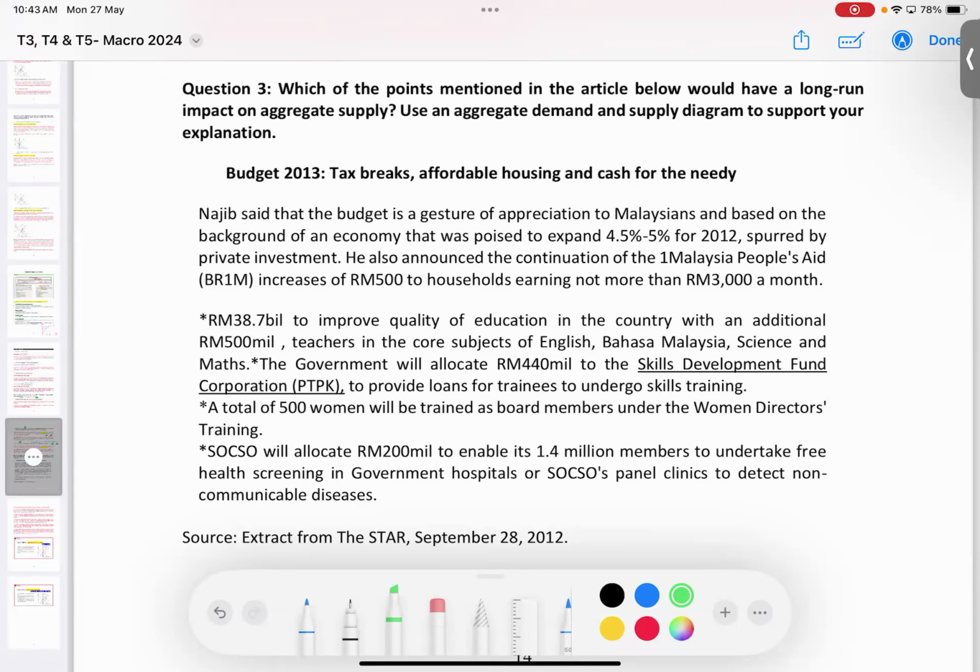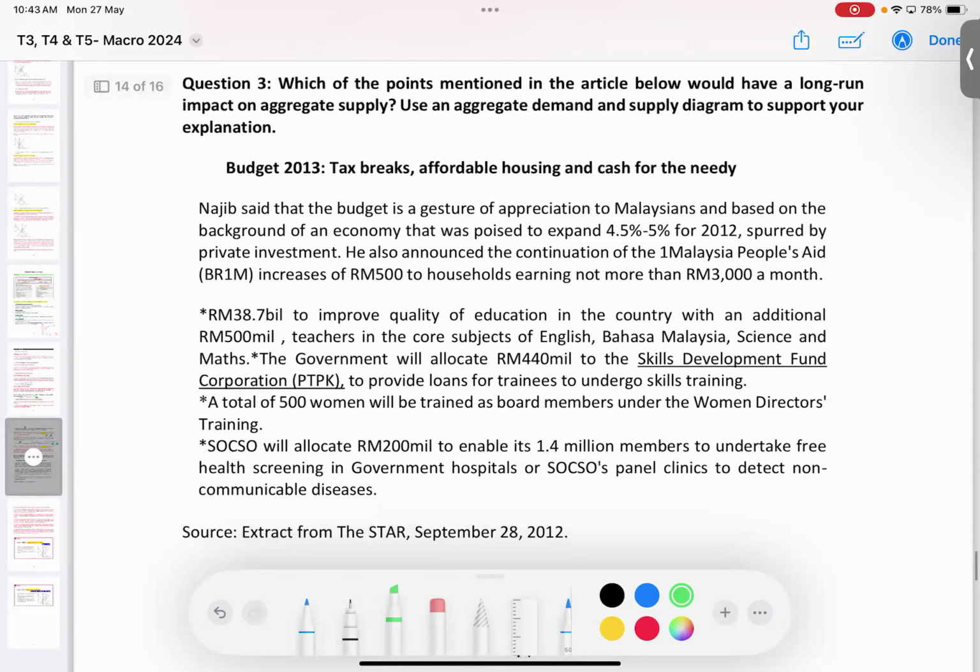Here is a budget in 2013, a bit long ago already. Let's say it says that Najib said the budget is a gesture of appreciation to Malaysians, based on the background of an economy poised to expand 4.5 to 5% for 2012, spurred by private investment.